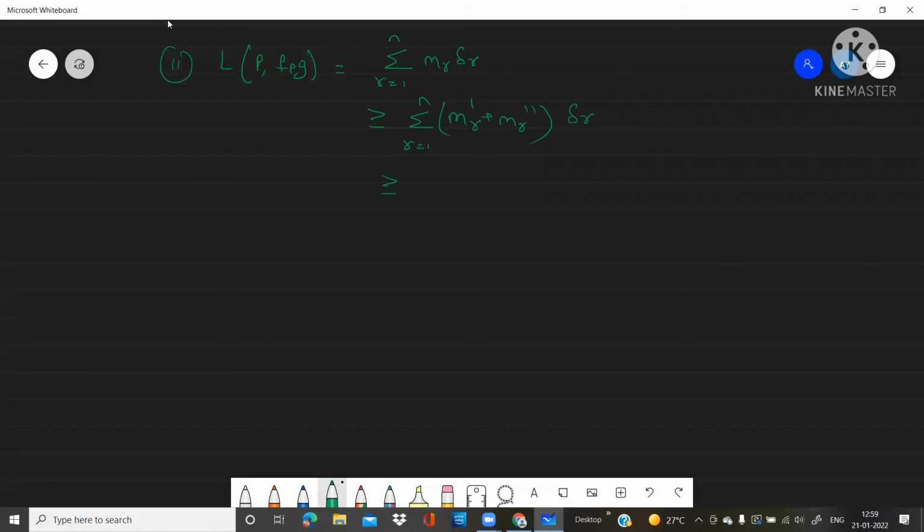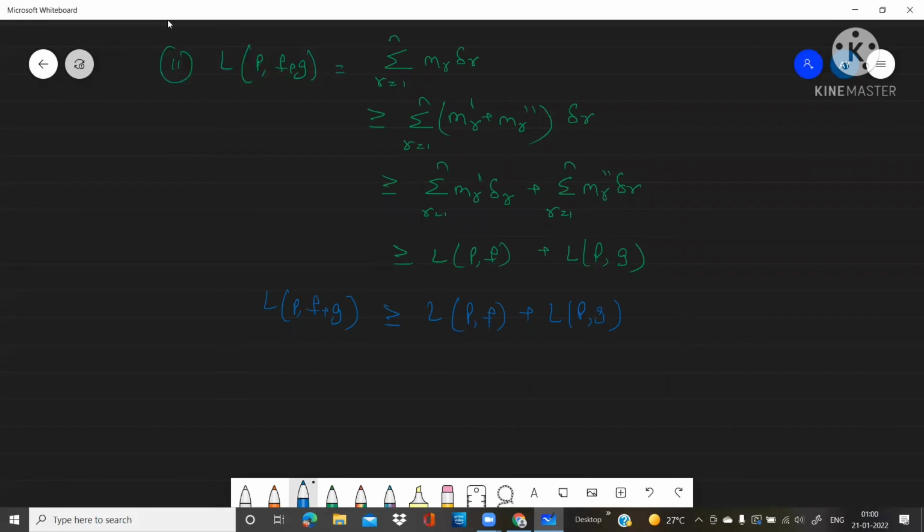Same thing, just multiply: summation of m_r' into delta r plus summation of m_r'' into delta r. What is this one? It is L(P, f) and this is L(P, g). So what have we proved? L(P, f plus g) is greater than or equal to L(P, f) plus L(P, g).